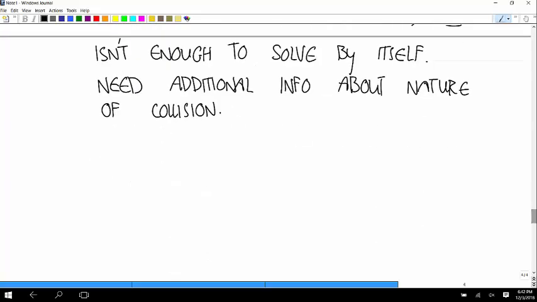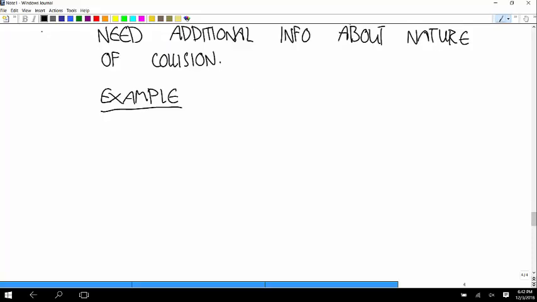Okay, so let's say a person jumps up into the air, oh, my picture is getting too tall, and catches a football.